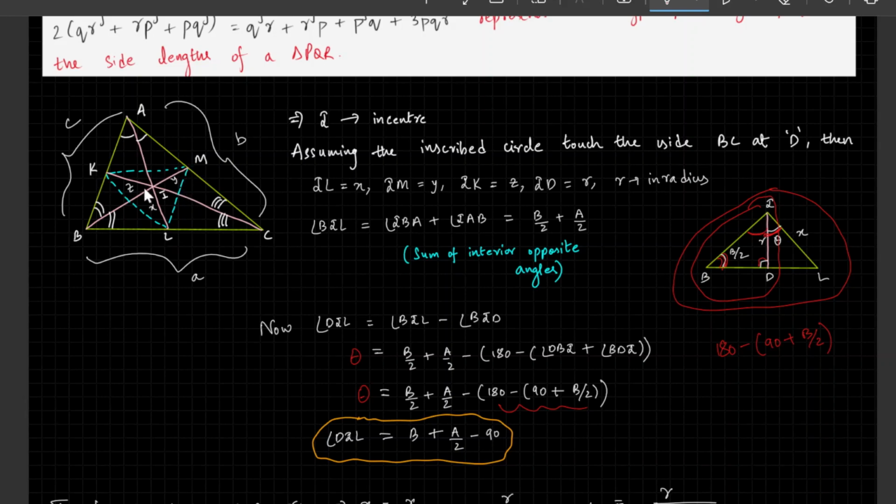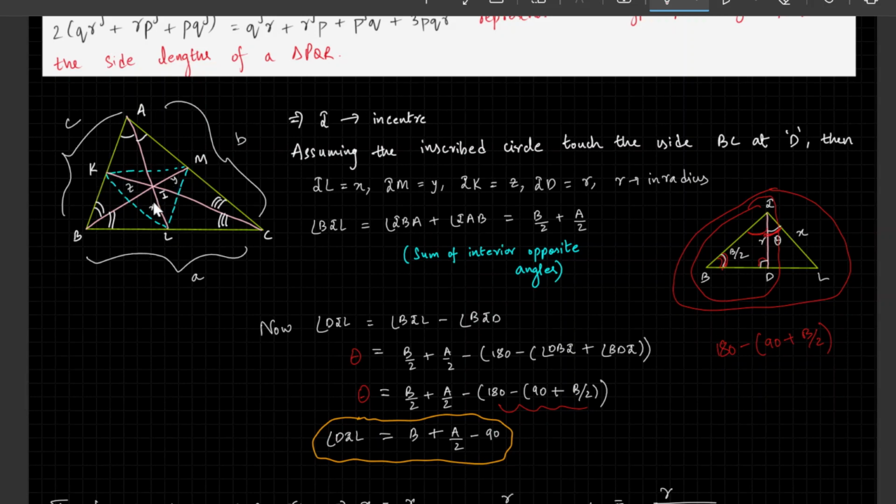If we get the generalized area for this LIM, we can actually get the generalized area for KIM as well as KIL. By generalized area I mean the exact area. So that we can replace them just as we did for the side lengths x, y, z. In the same way we can do that for the areas, and we can add those three to get the final area, that is the total area of KLM.